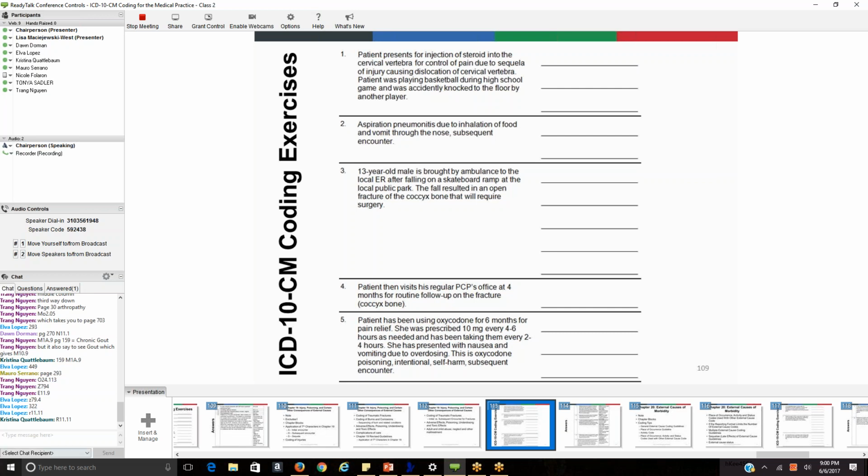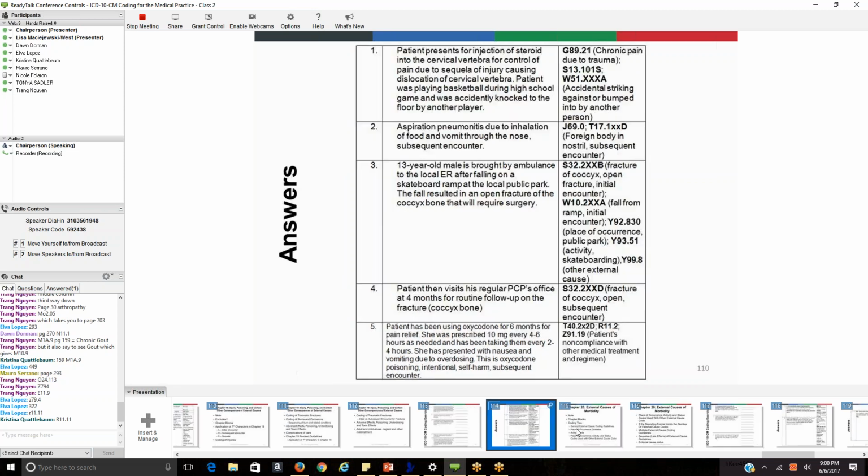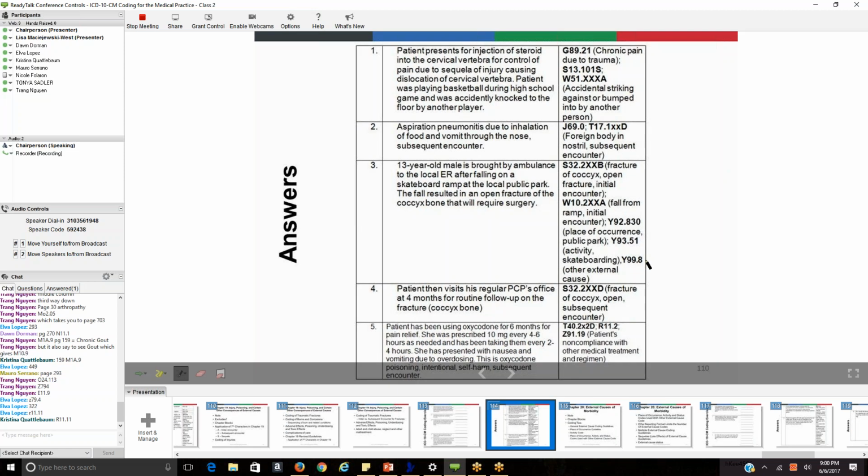Now, for some reason, and again, this does open for interpretation as you get down into these external cause codes, they don't have the V00.131, but they have Y99.8 other external cause. So I'm not sure where that comes from, that other external cause.